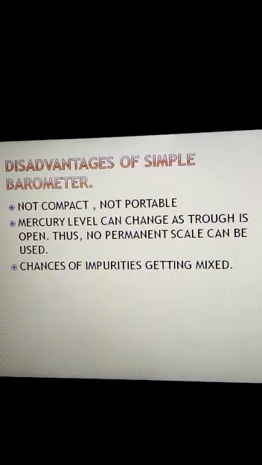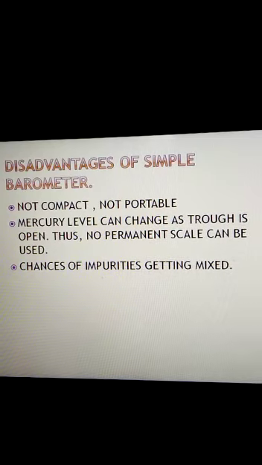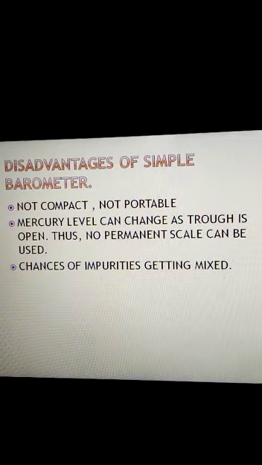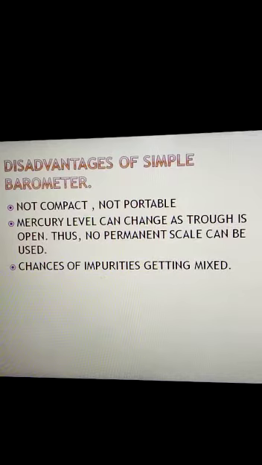It can vary. We cannot fix the scale. There is no permanent scale used in a simple barometer. There is a chance of impurities getting mixed with it as it is open, which can vary the atmospheric pressure.